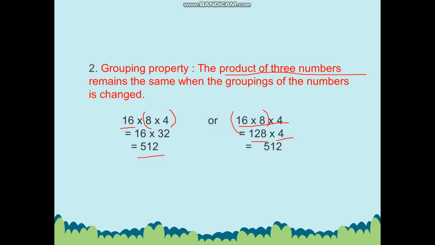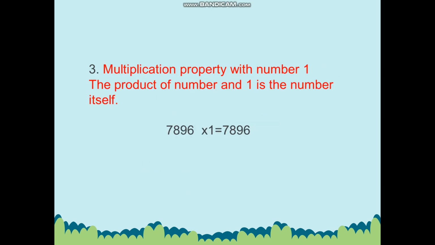Even though the grouping is changed, the answer is the same, 512. It will not affect the product.